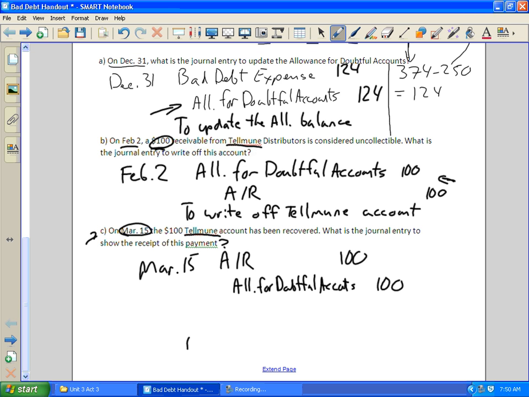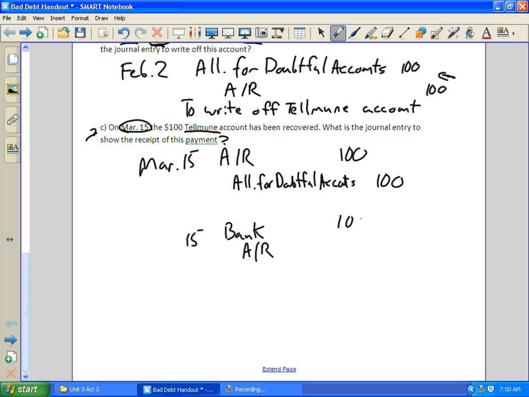And then on the 15th, you're going to debit bank and credit accounts receivable, to record receipt of payment.